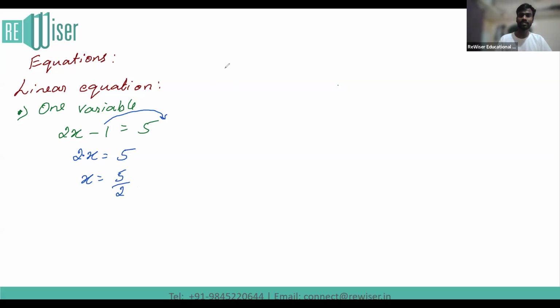And the second one is whenever we have it with two variables. This one we also call solving simultaneous equations.